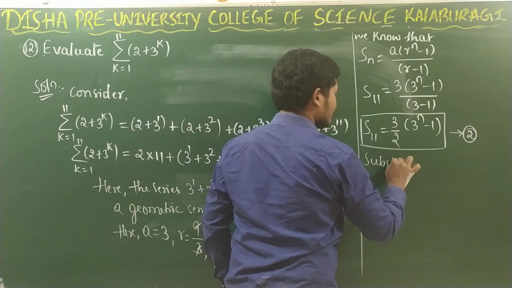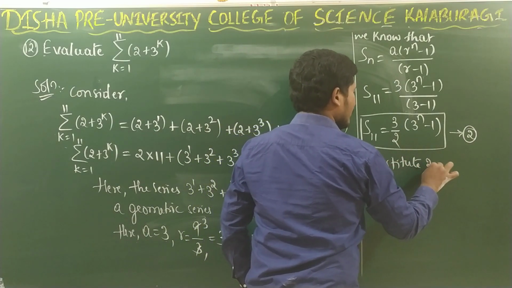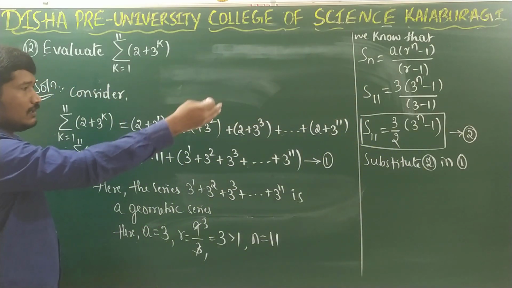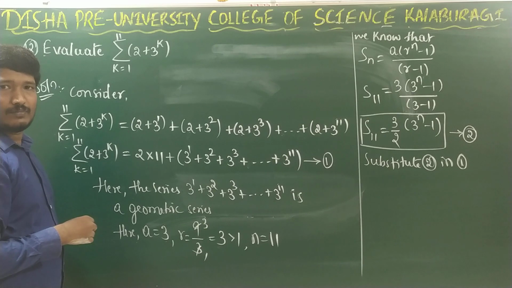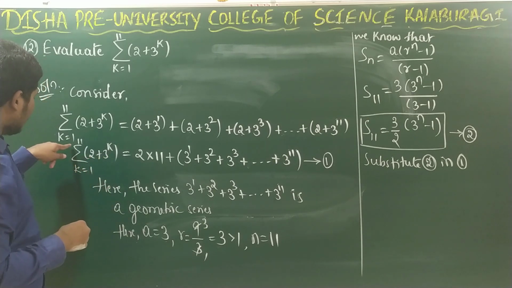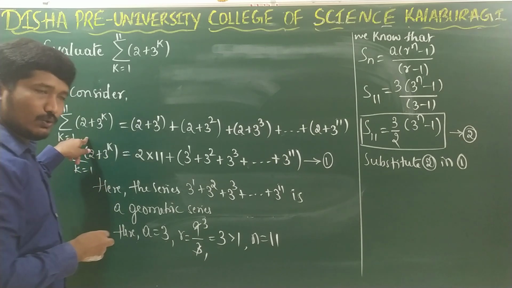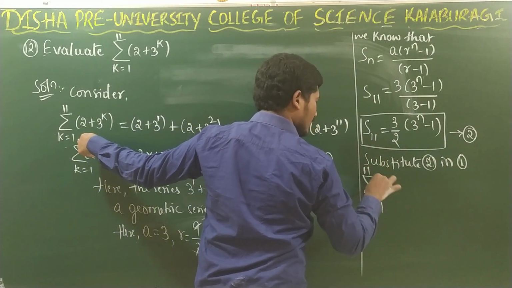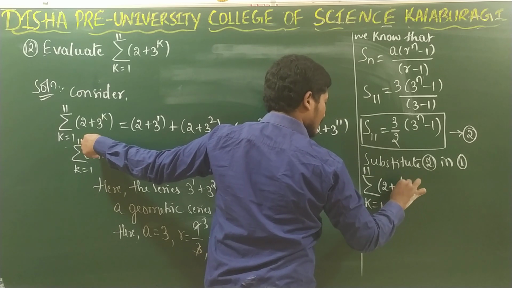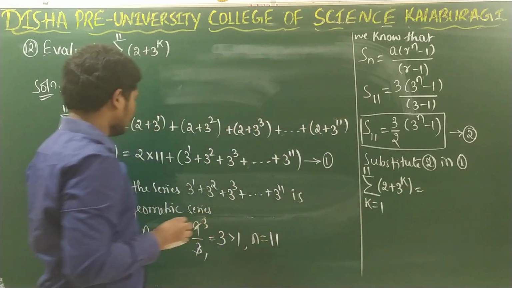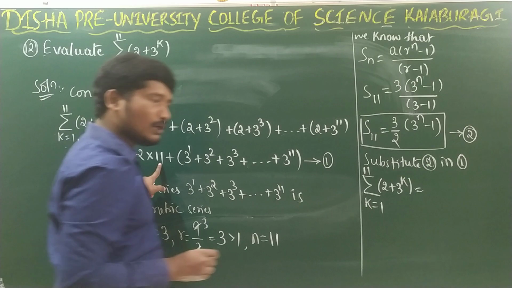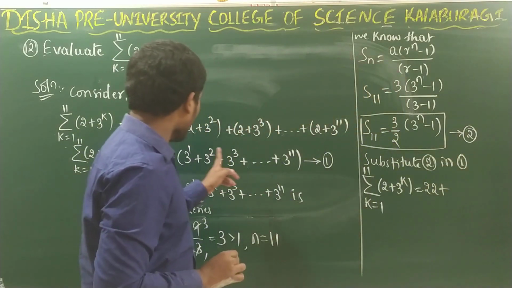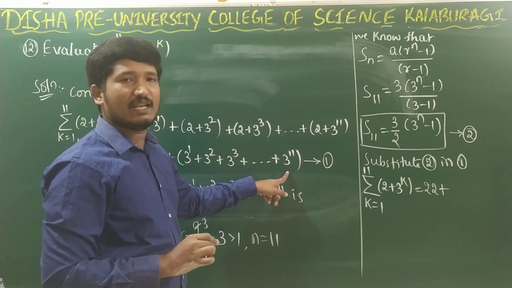Substitute equation 2 in equation 1. Let us take the value for S11. Right? So what will it be? Summation of k is equal to 1 to 11, 2 plus 3 power k is equal to 2 into 11 is 22 plus, see, I have calculated the sum of these 11 terms.